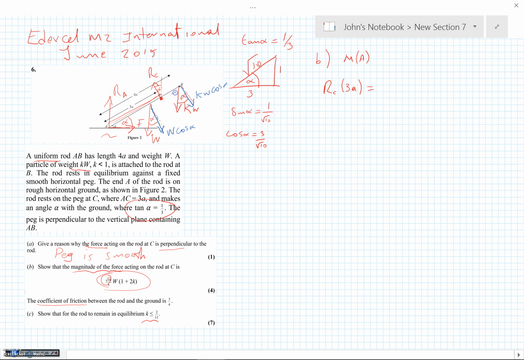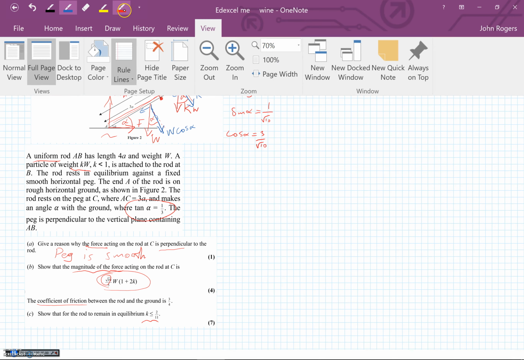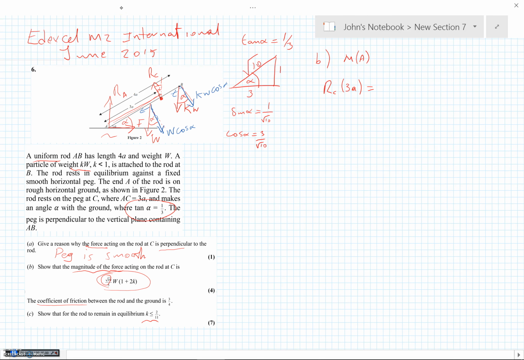The bit that's going parallel to the slope will of course have no turning effect. So going back to the red, we've got the turning force of the weight of the actual rod, that's at a distance 2a from here, but the component is W cos alpha.